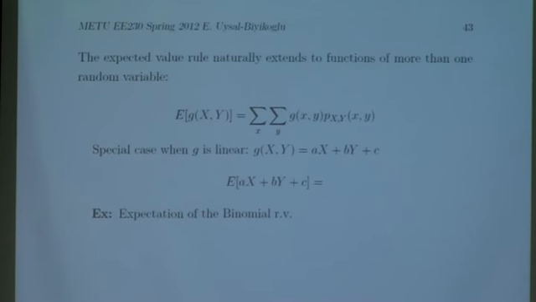So the expectation of x is the sum of the expectations, but the expectations are all equal to p, because why? The expectation of a Bernoulli random variable with parameter p is just p. So the expectation of a binomial with parameters n and p is n times p.